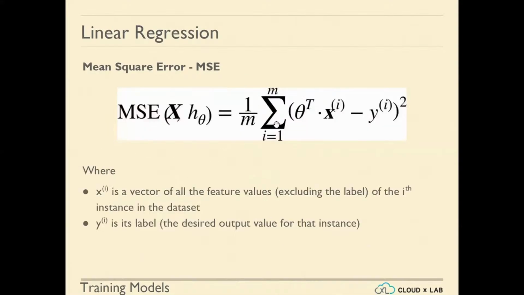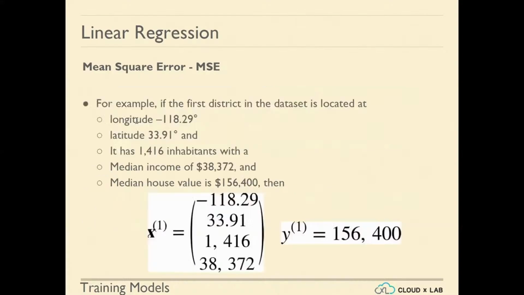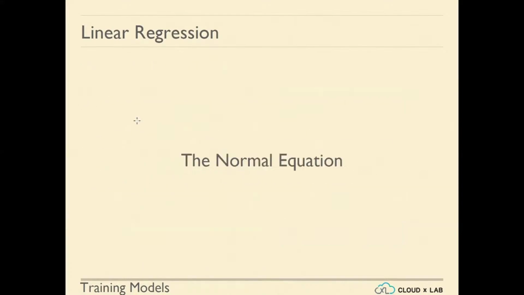If you change this vector theta, the error will change, right? So we want the optimal theta that results in the lowest possible MAC error, right? Okay, so first we will see the normal equation method.